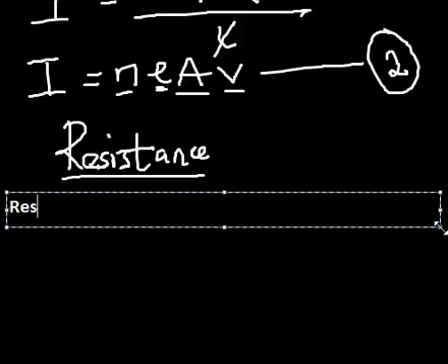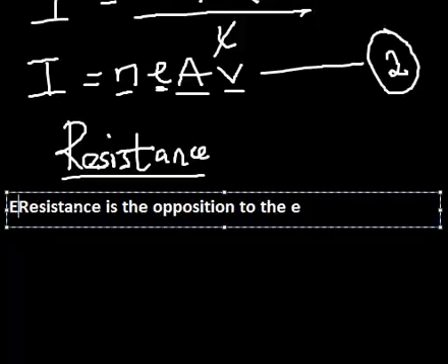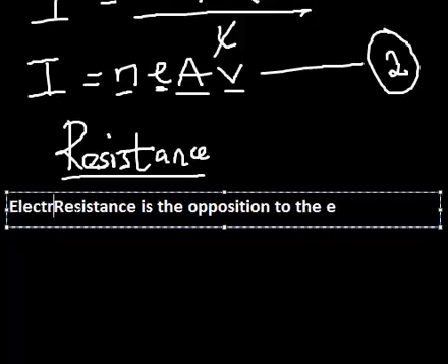Resistance is defined as the opposition to the flow. There are many kinds of resistance, so in this case what you're looking at is electrical resistance. So you can just specify.